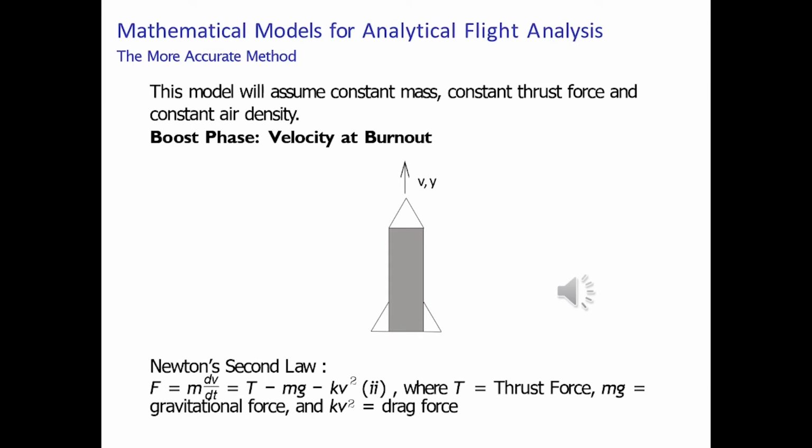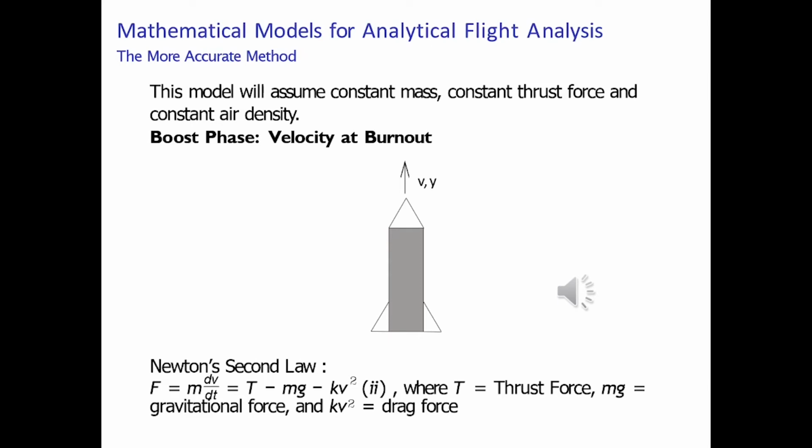And we do this so that we are able to take into consideration the more important factors such as the drag force and the gravitational force, because those two forces play more important roles with smaller rockets than compared to bigger rockets. And those forces are ignored in the ideal rocket equation derivation.